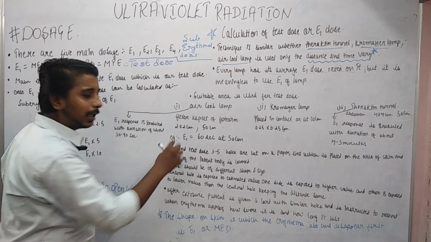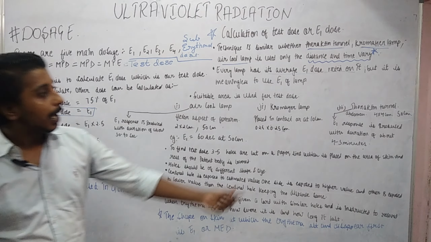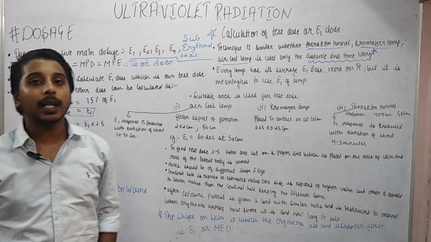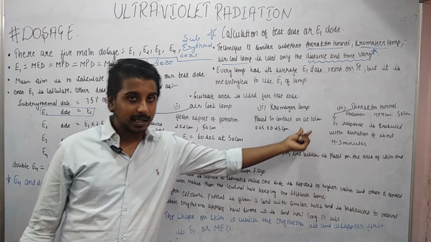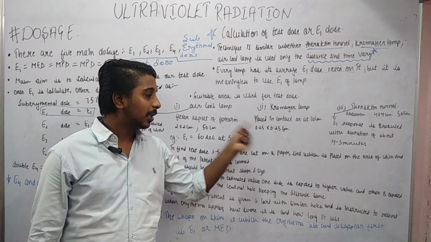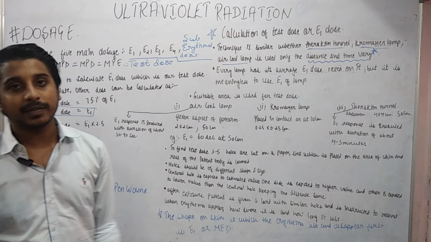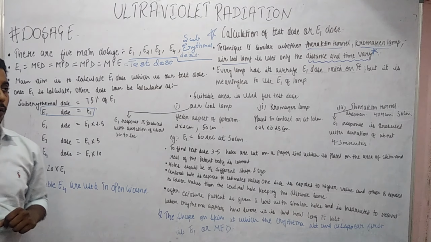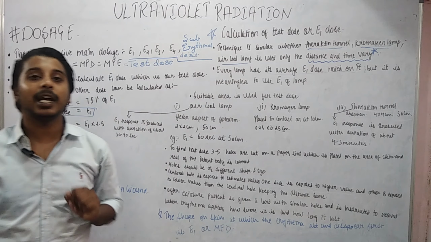Here we are taking an average value. We are taking a 2 into 2 centimeter area, and here a 4 into 4 centimeter area, and here it can either be at 10 centimeter distance, or when placed in contact, it covers a 0.25 into 0.25 centimeter area. So this is about the area. Now I have written that distance and time can vary.